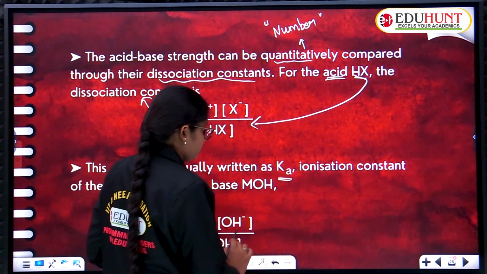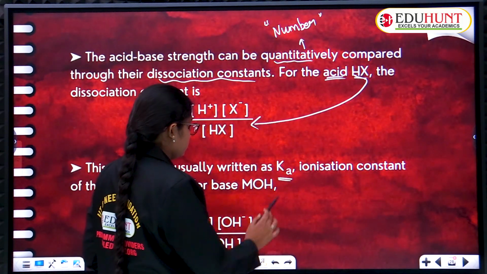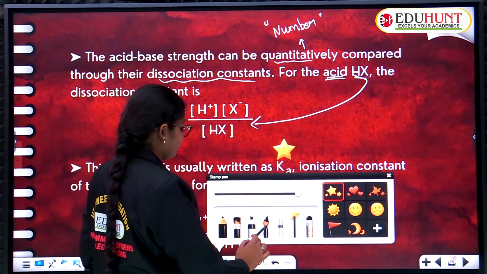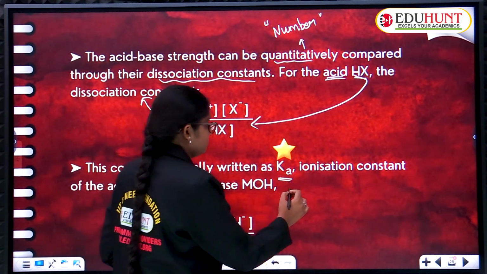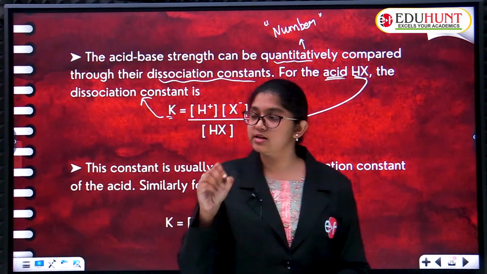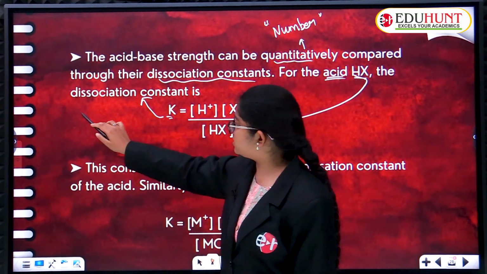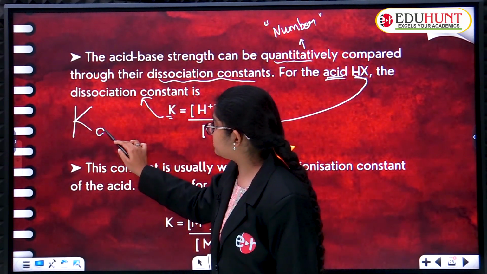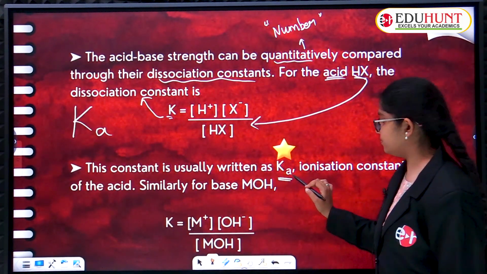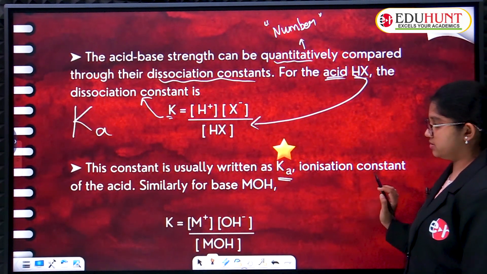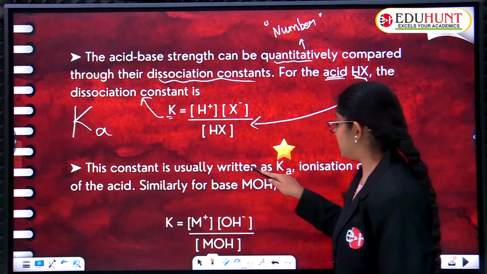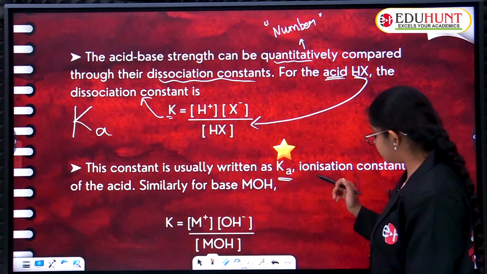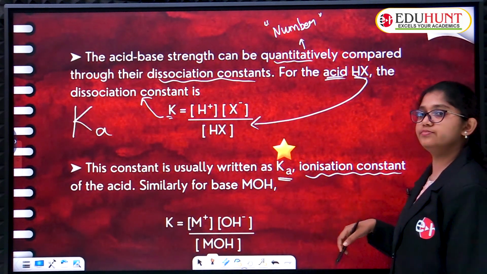Ka means constant for acid, remember that. Ka means dissociation constant, and a means acid. It is written like this, Ka, the ionization constant.